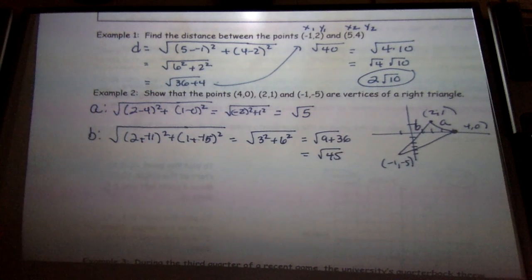Do I need to simplify these? No. We will do any of our simplifying that we need to do at the very end of the problem. And you'll see why here in just a minute.